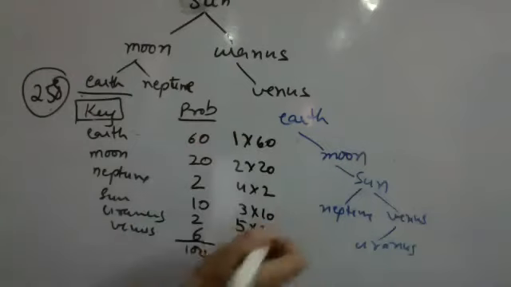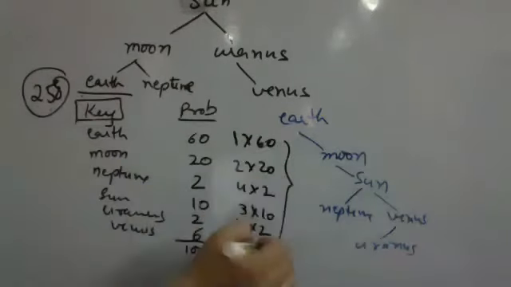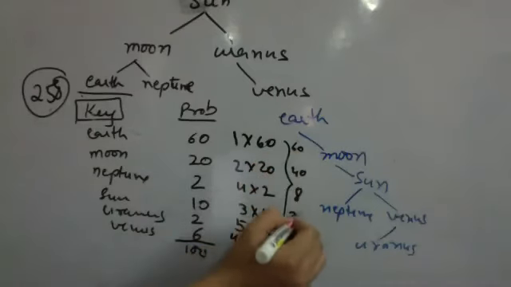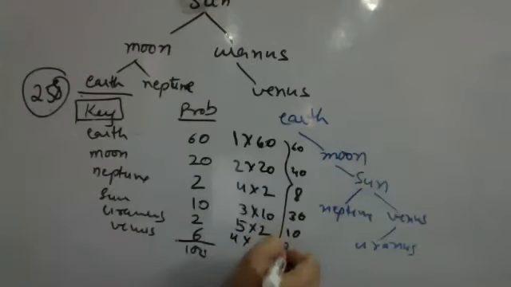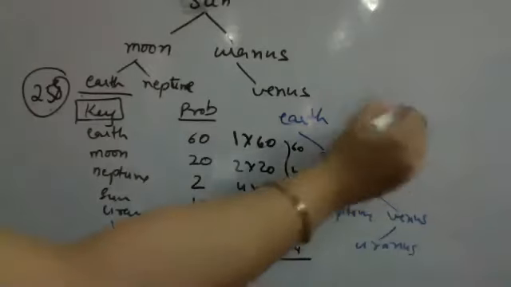And for Venus, you require 4. So it is 4 into 6. So the total number of searches here is 60, 4, 8, 30, 10, and 24. The total comes out to be 172. So from this tree, I am getting 172 comparisons.